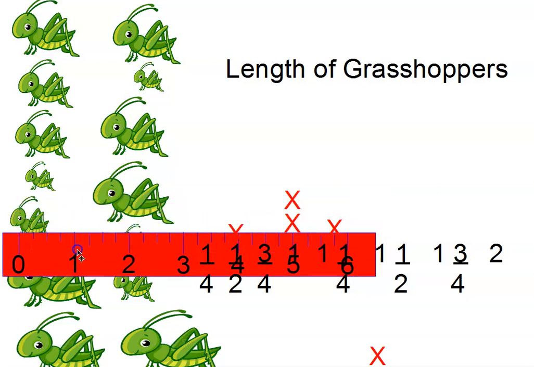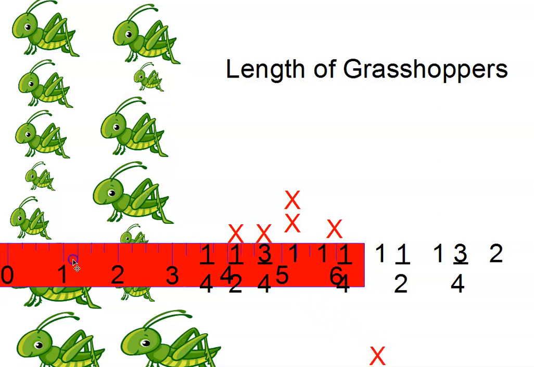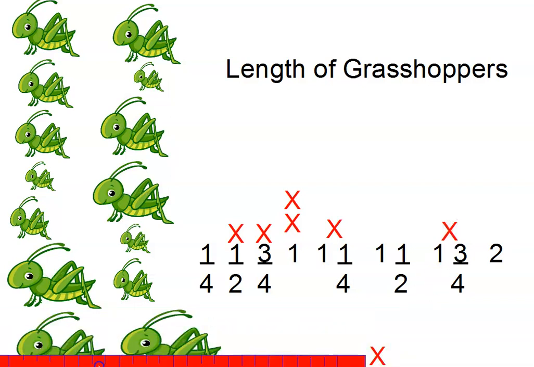Keep coming down. 3/4. Long one, it looks like that's 1 3/4 inches. And then my bottom one, looks like he's getting cut off the screen here a little bit.